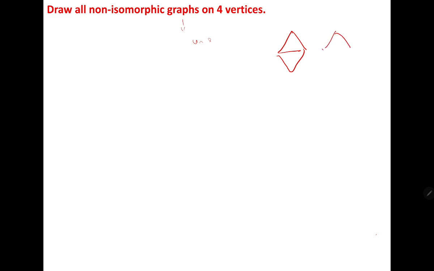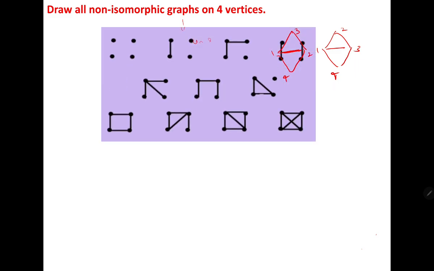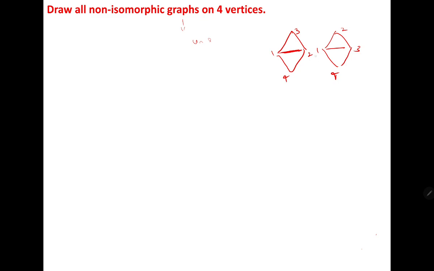For example, these two graphs are isomorphic, but if I give the labeling 1, 2, 3, 4 here and 1, 3, 2, 4 here, then 1 and 2 are adjacent here, with degree 3 and degree 3, or 2 and 4 are adjacent here but 2 and 4 are not adjacent here. But if you say unlabeled, then these two are clearly isomorphic. So I consider the unlabeled.